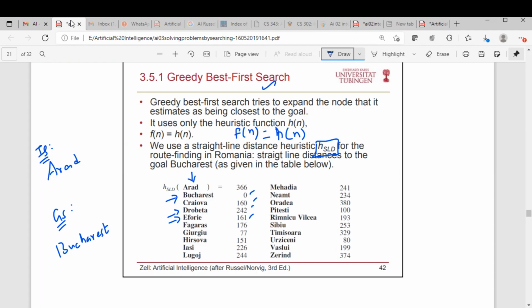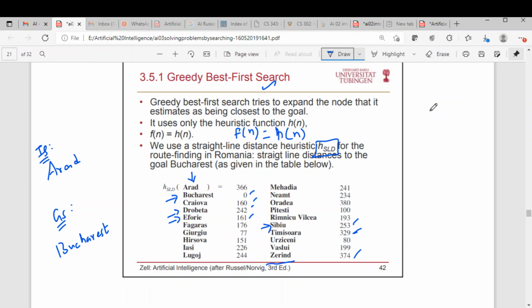From Zerind, what is the cost of reaching Bucharest? 374. From Sibiu, what is the cost of reaching Bucharest? 253. Then from Timisoara, what is the cost of reaching Bucharest? 329. Out of these three, which is the cheapest cost path? Sibiu is the cheapest cost path. Okay. So the algorithm will choose Sibiu.